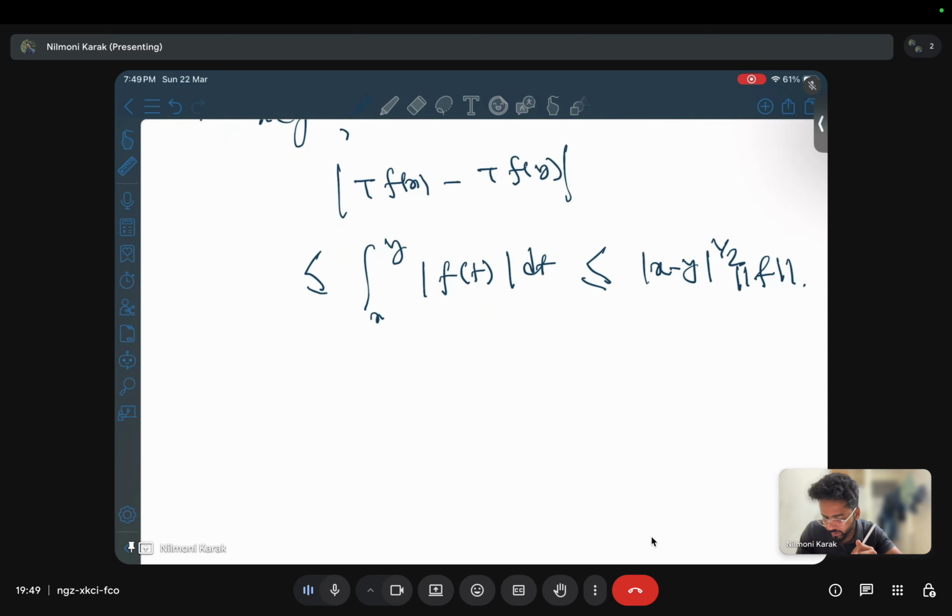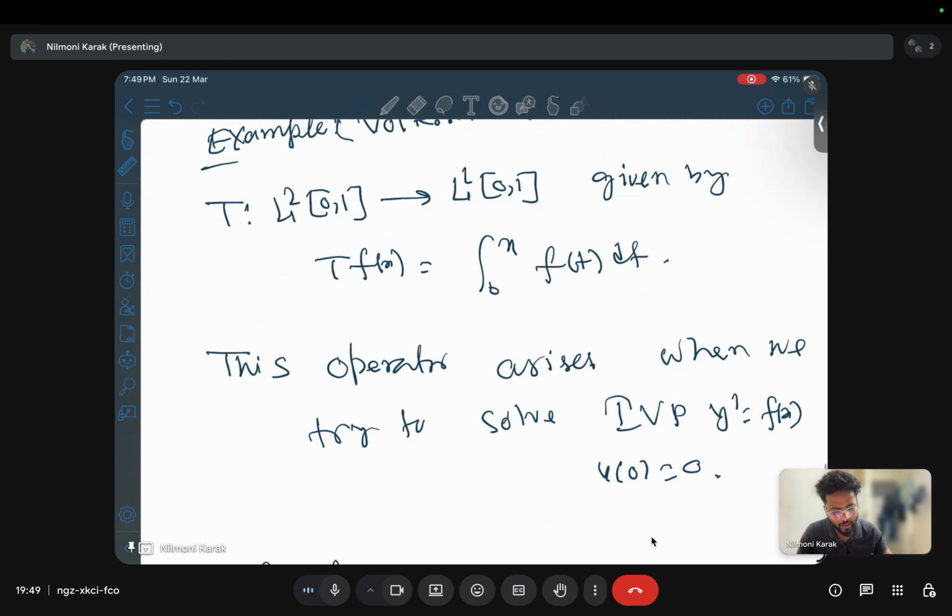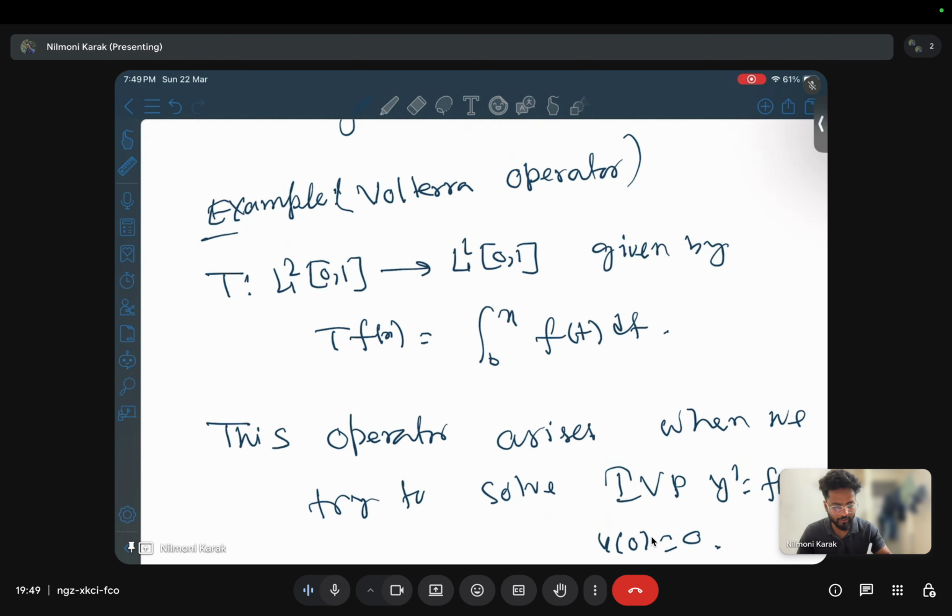For this we need the Arzela-Ascoli theorem, which is a concept for equicontinuous functions.